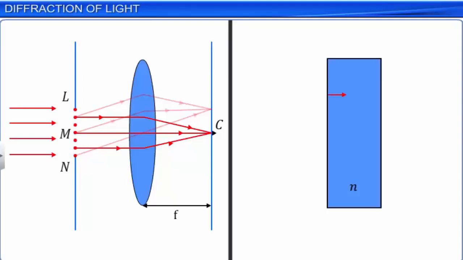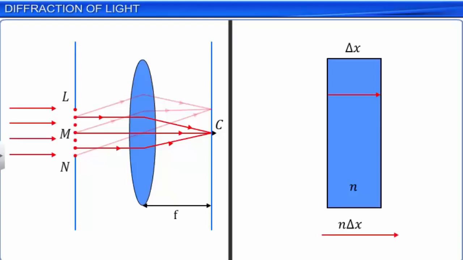A wave traveling through a distance delta x in a medium of refractive index n suffers the same phase change as when it travels a distance n delta x in vacuum. This means that the path difference delta x in a medium of refractive index n is equal to a path difference of n delta x in vacuum.